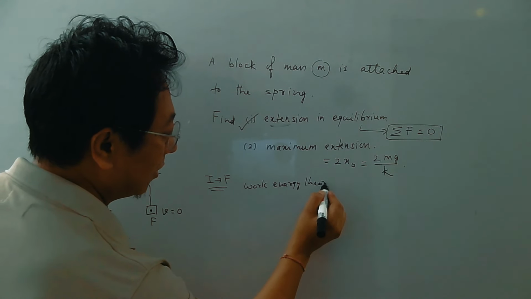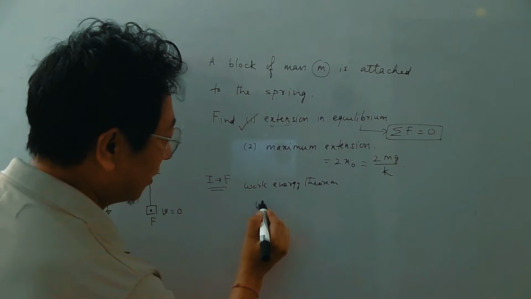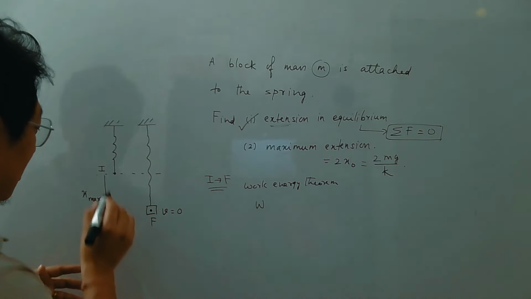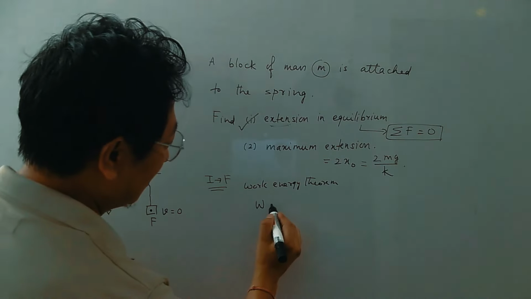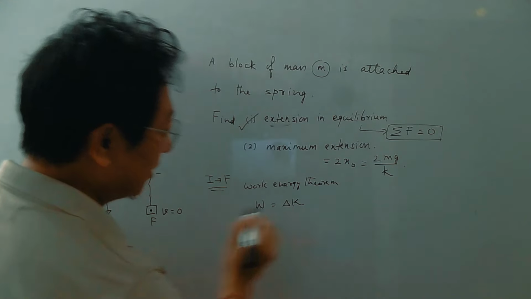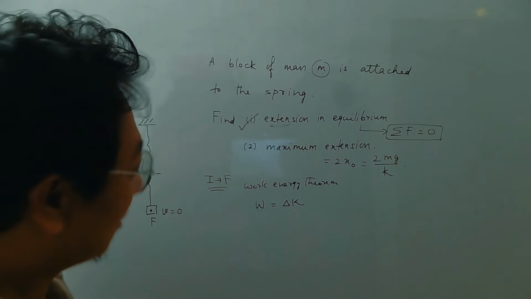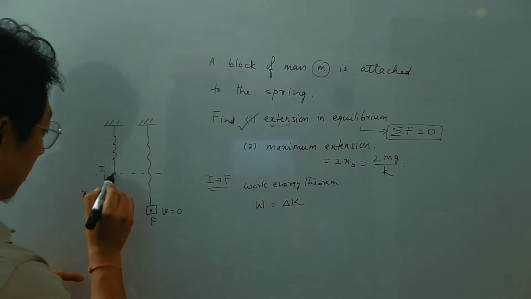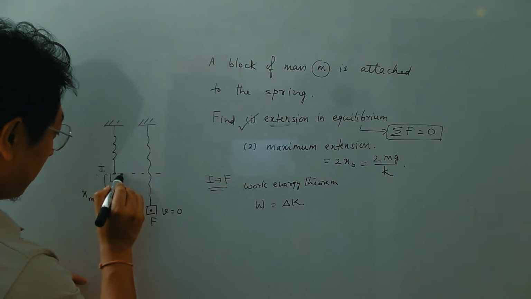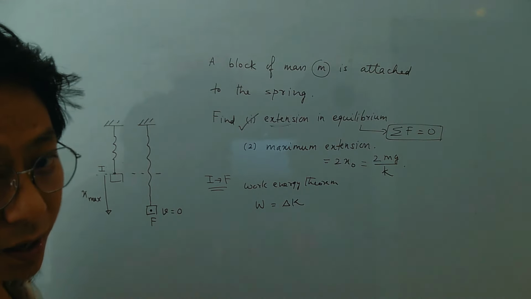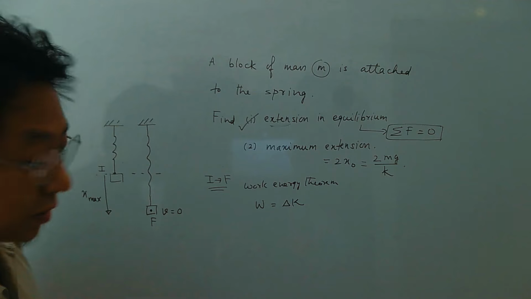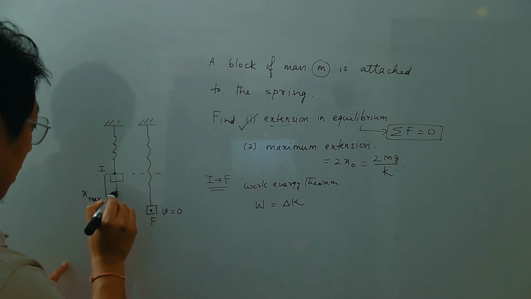So from initial to final, we will apply the work energy theorem. Now what does the work energy theorem say? Work done by all the forces on the body is equal to change in kinetic energy of the body. Now when the block goes from here to here, what are the work dones? Well, for that you should know what the forces are.